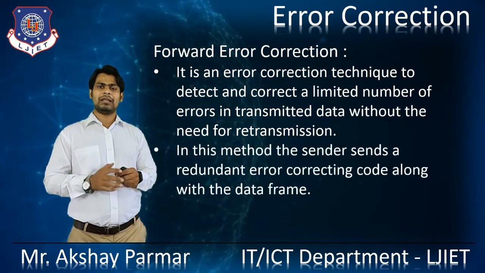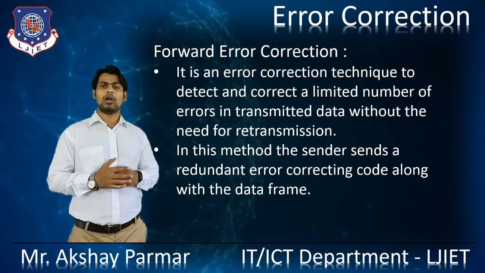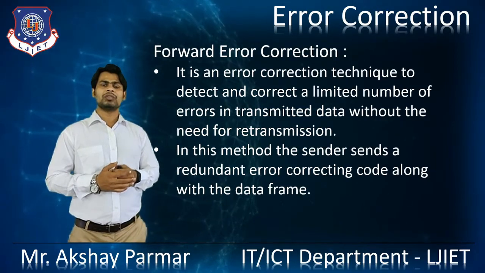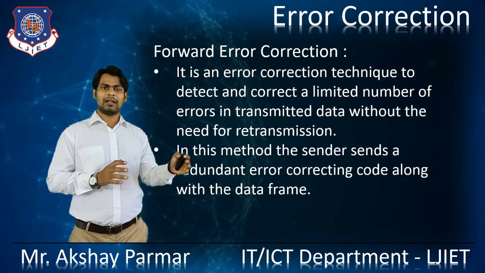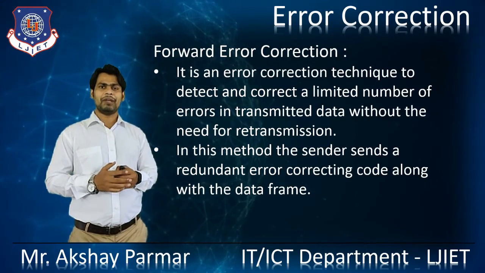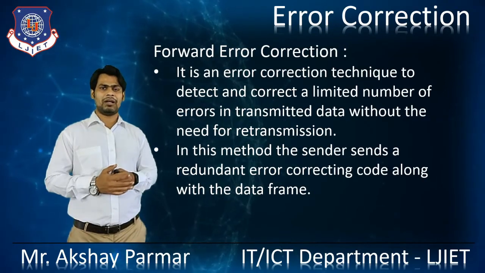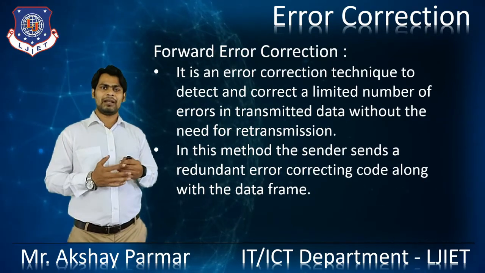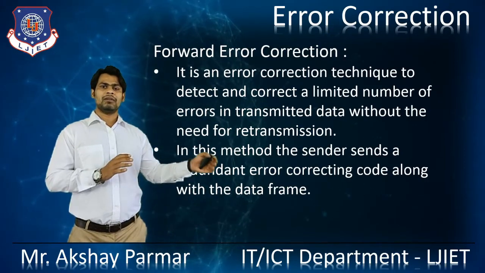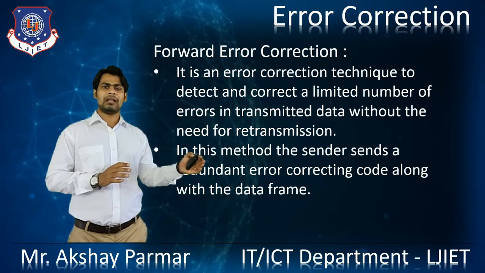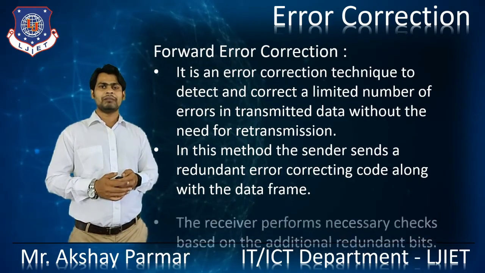In this method, the sender sends redundant error correcting code along with the data frame, our original data. With the help of that, we get our original data whether or not an error has happened.